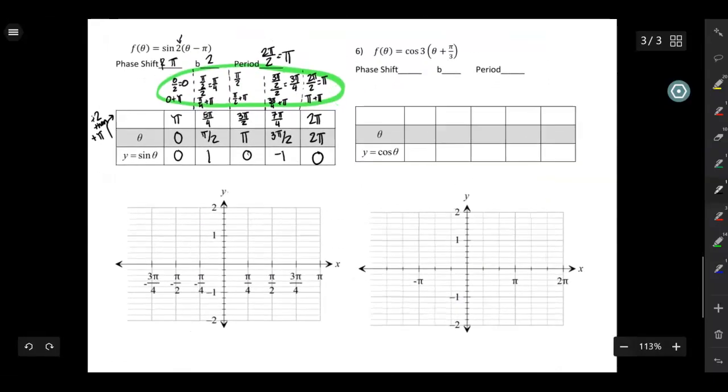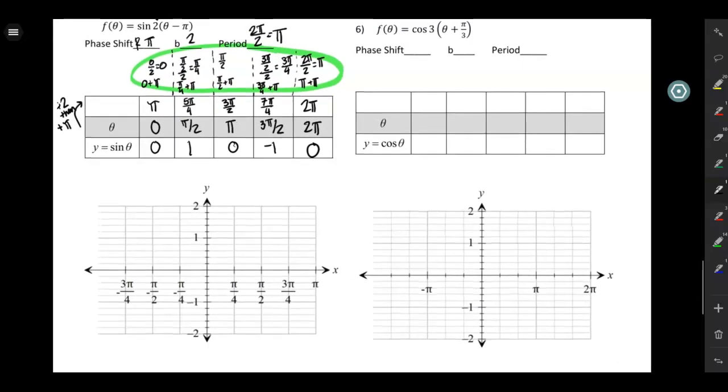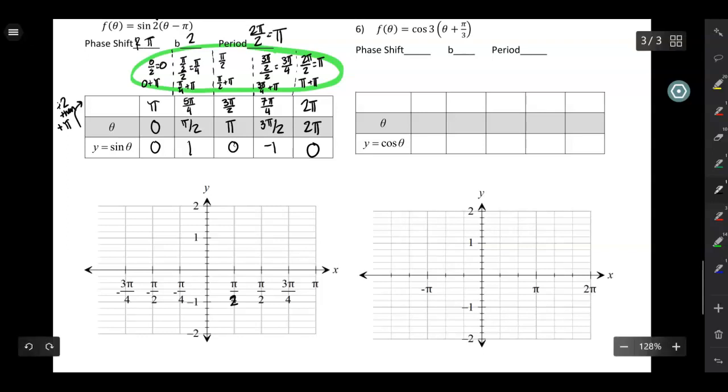So let's graph this then. I have created a really bad scale on this graph, I'm realizing. I'm going to change these really fast. Instead of pi fourth increments, I'm going to change them to pi half increments. So this is going to be pi halves, pi, 3 pi halves, and then 2 pi.